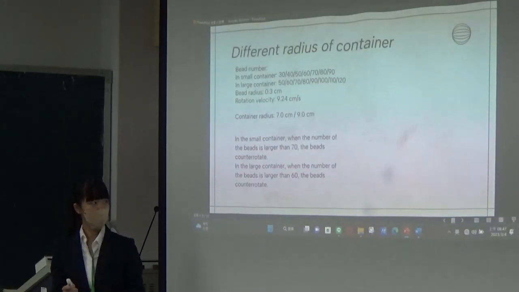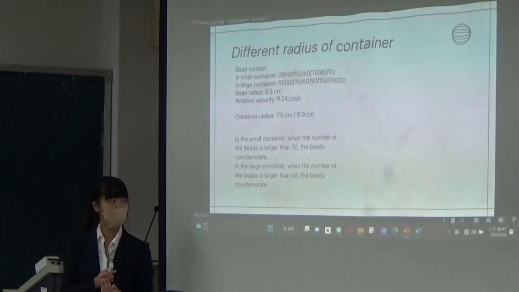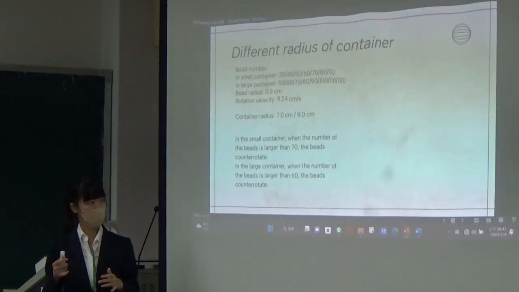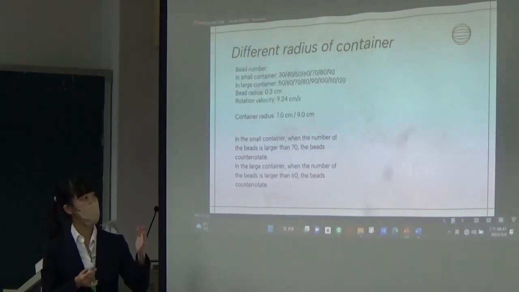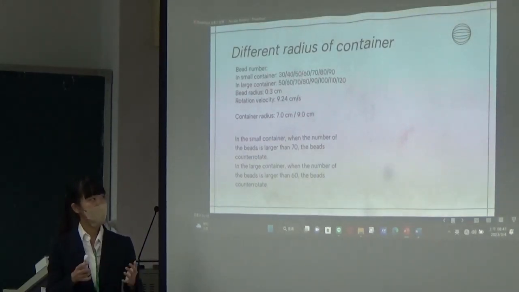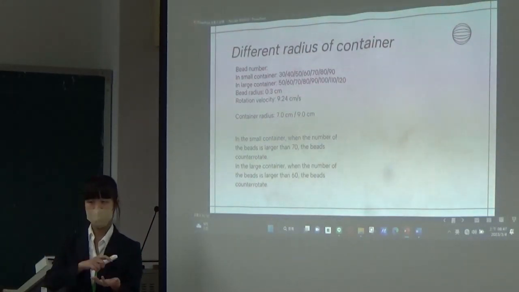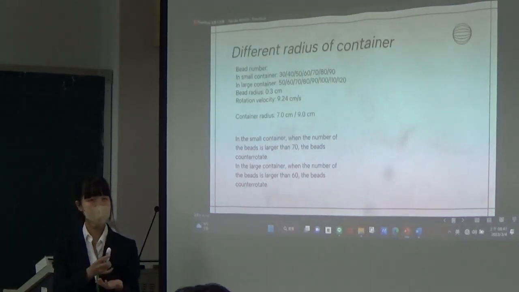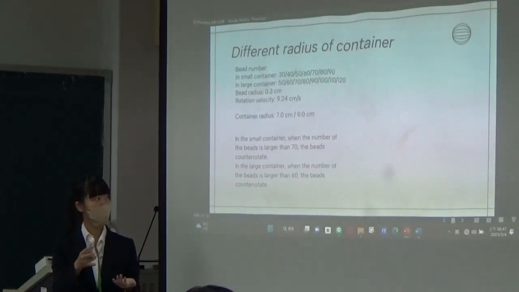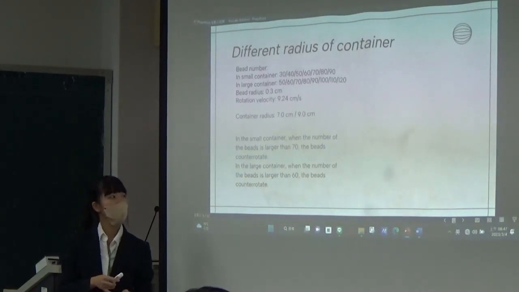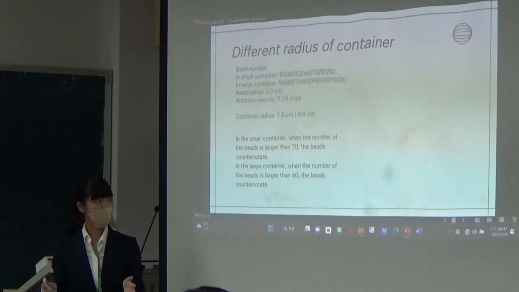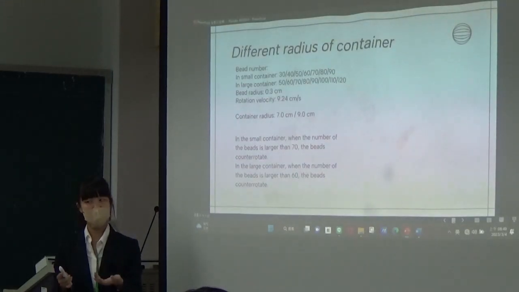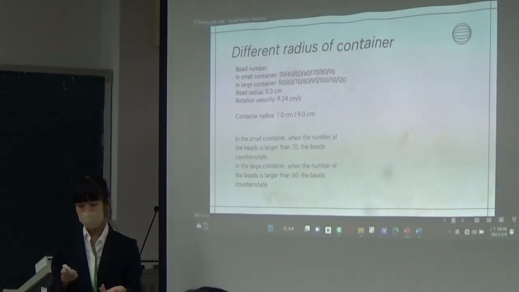In the large container, when the number of beads is larger than 60, they will counter-rotate. So in short, in a small container, you need to put over 70 beads so that they will counter-rotate. And if you use a larger container, you maybe only need 60 to counter-rotate.